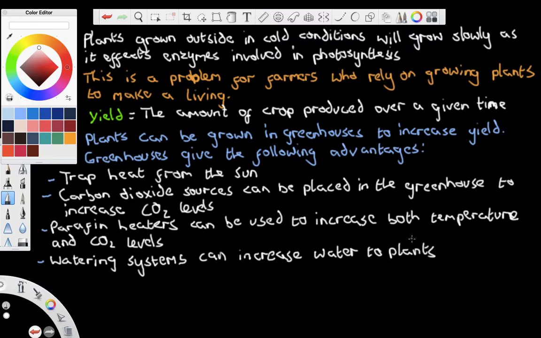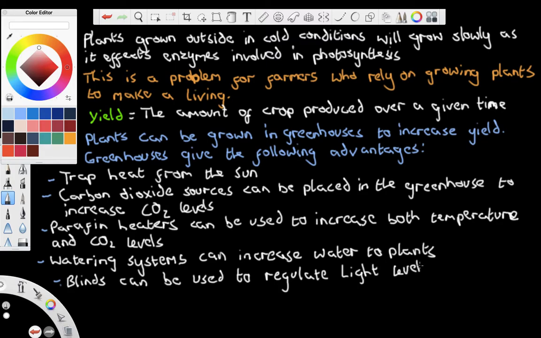We've got that blinds can be used to regulate light levels. We've got humidifiers.